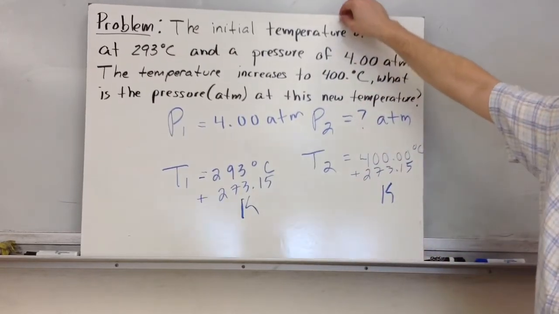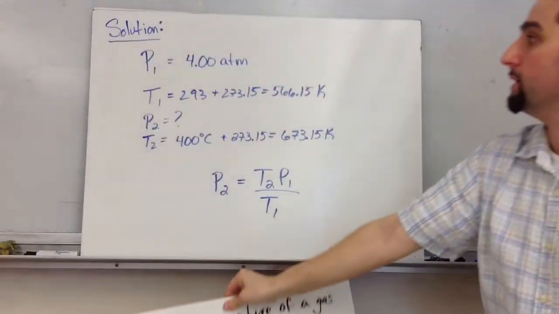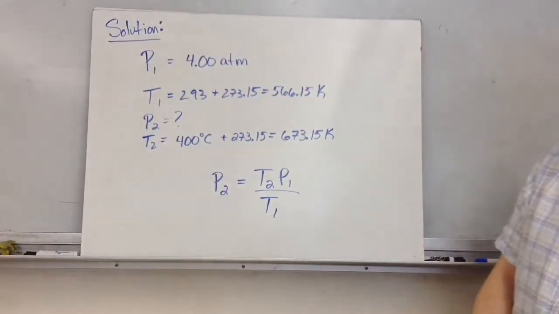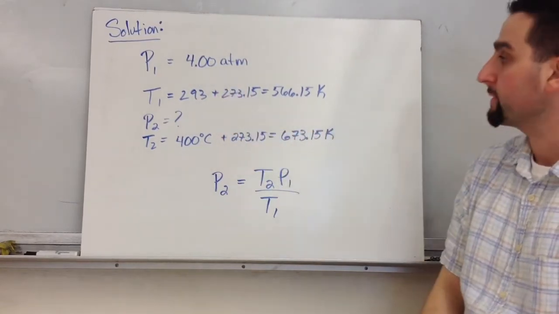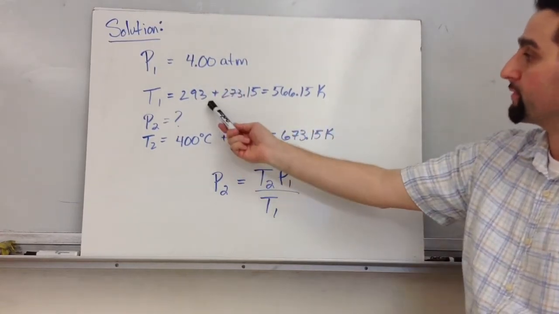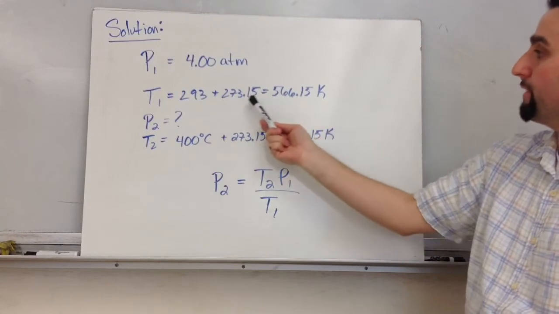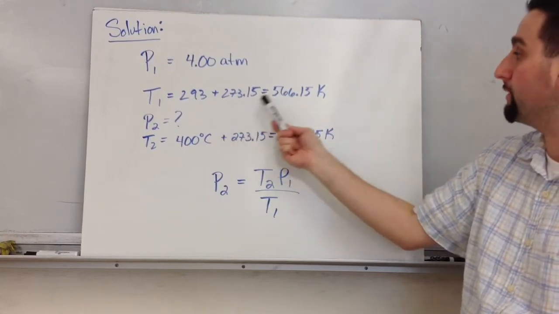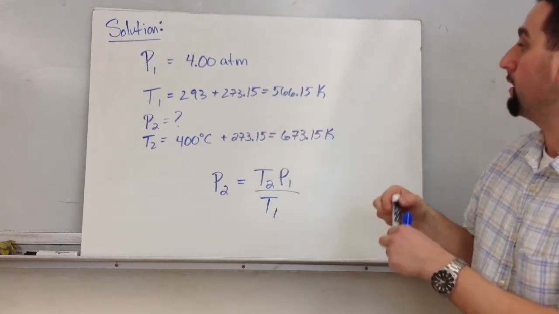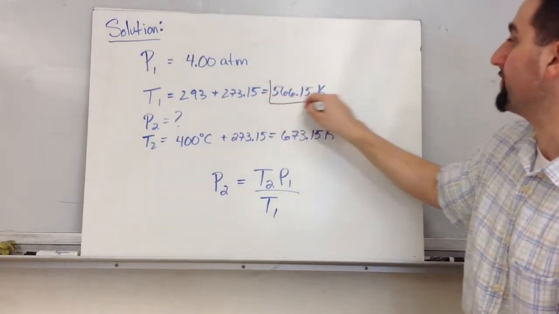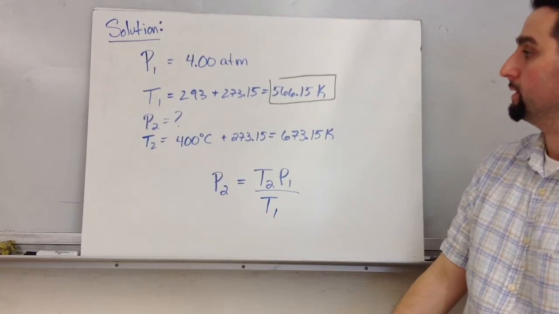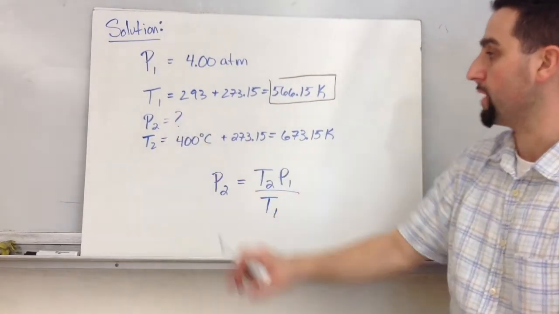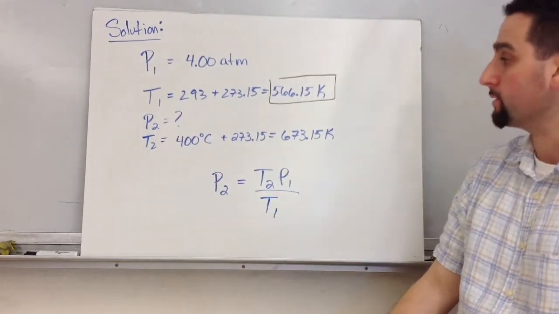Let's plug in these values. So here's our solution. Our first pressure is 4 atm. And our temperature I've converted to Kelvin. I've added 273.15, so our first temperature is 566.15 Kelvin. We do not know our second pressure. That's the question mark.